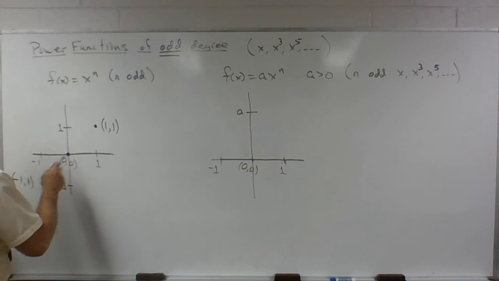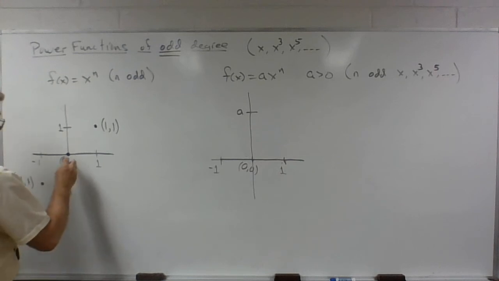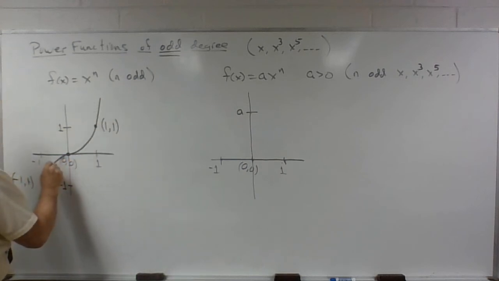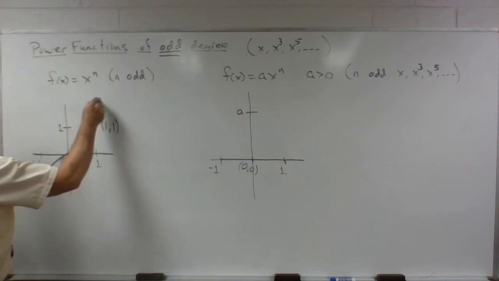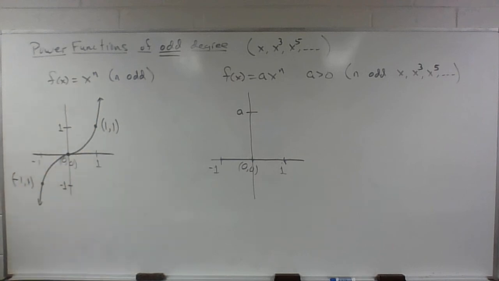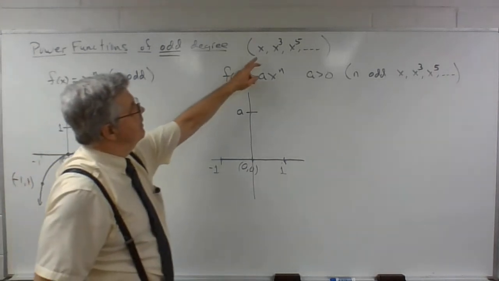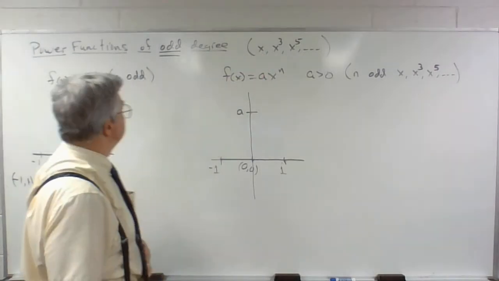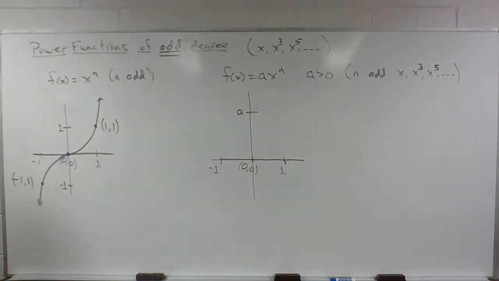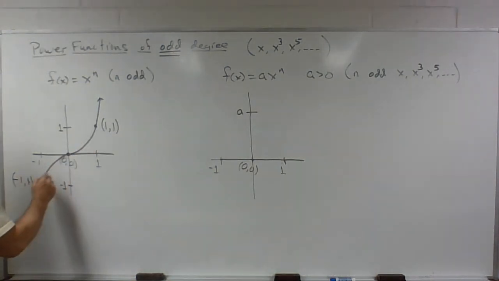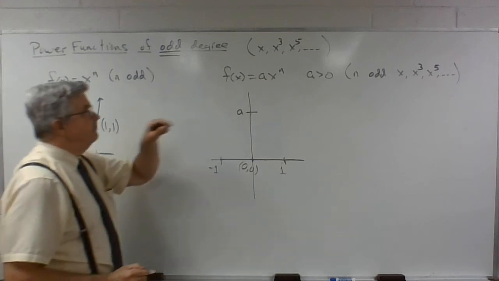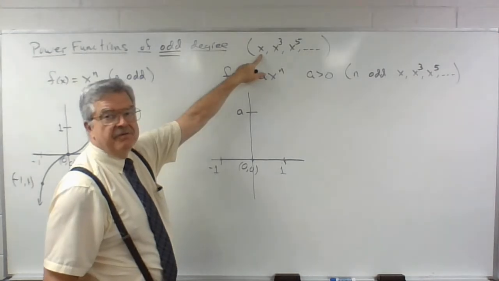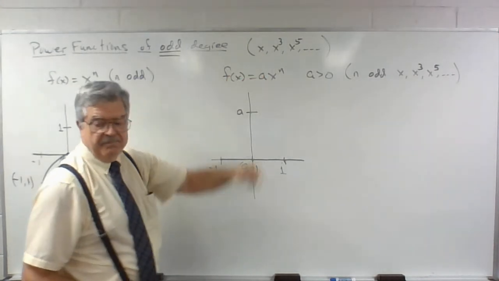And this is what x to the n looks like in general. We'll make a slight exception if f of x equals x, or f of x equals x to the first. In this case, the graph does go through these points, but the graph of f of x equals x is the graph of a line, or the equation of a line, isn't it?